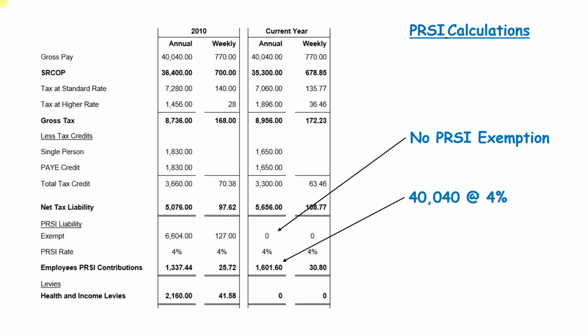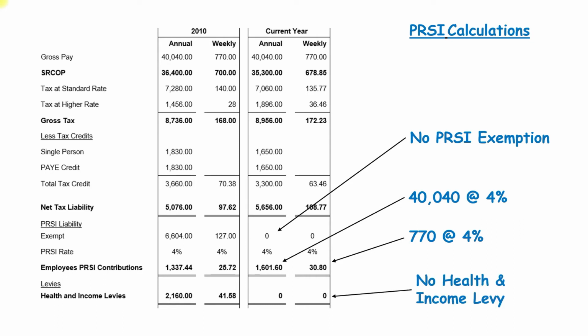In this case we simply get 4% of the yearly gross, and also 4% of the weekly gross. No need to enter anything in the health and income levy line as this does not exist in the current year.